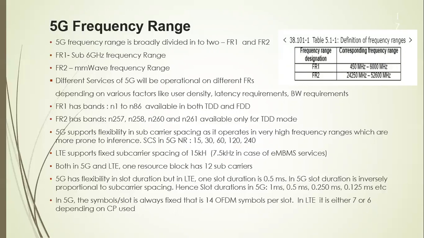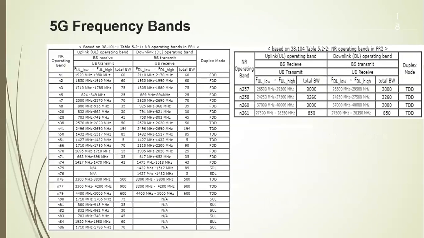Usually it is normal cyclic prefix only. So we can have a look at the various bands that have been defined in 5G specifications and the operating modes, whether they operate in duplex mode or non-duplex mode. Frequency ranges also you can see.